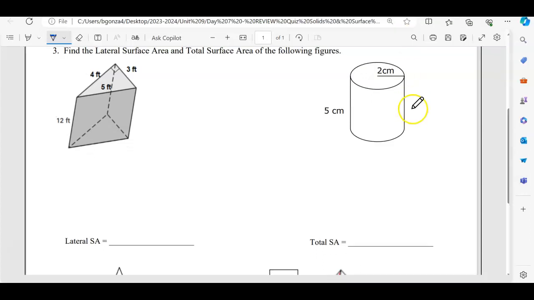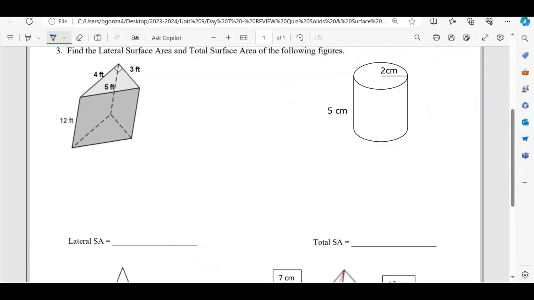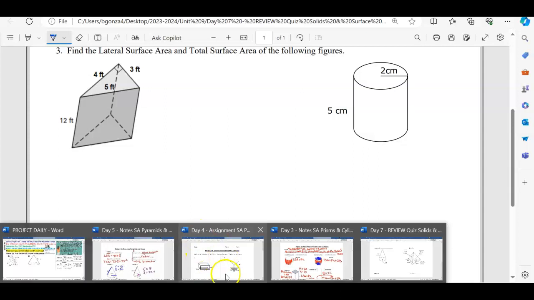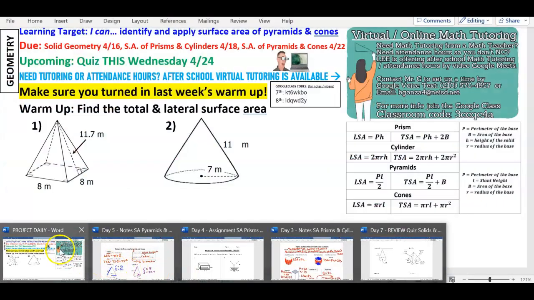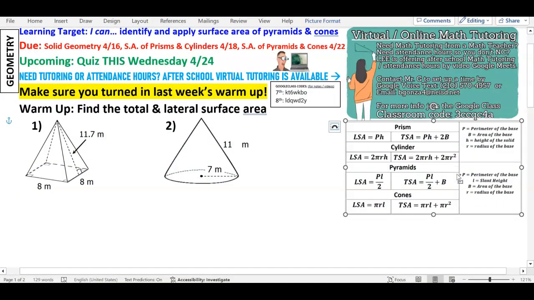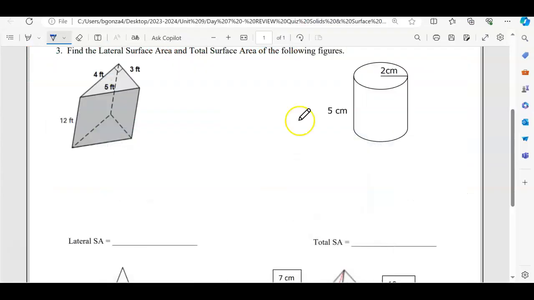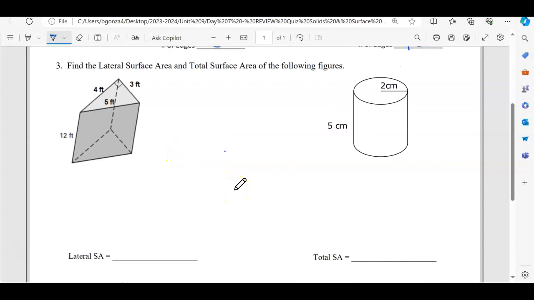Our little graphic from our notes. I hope we can paste this on here actually. Well, dang.